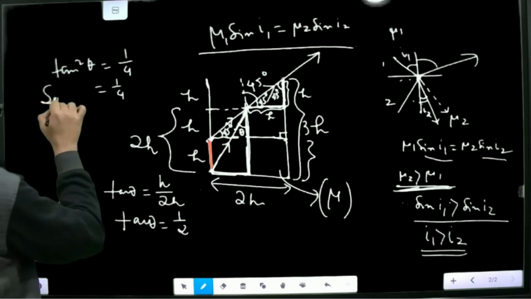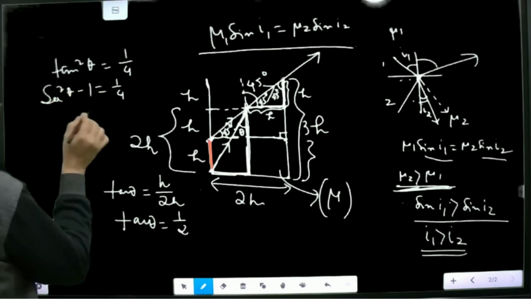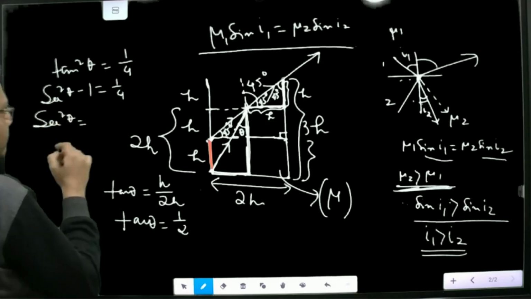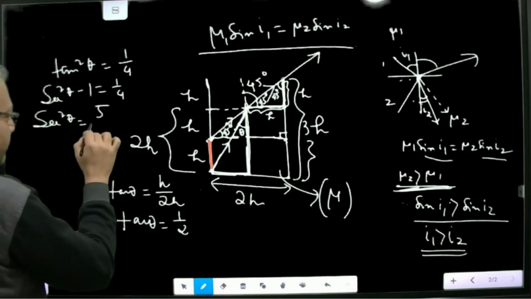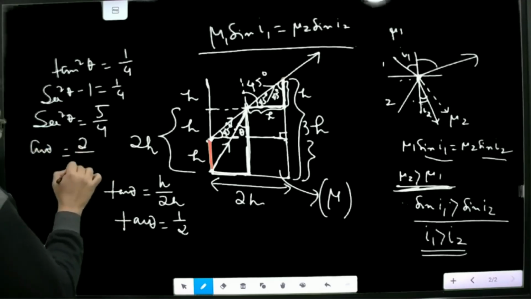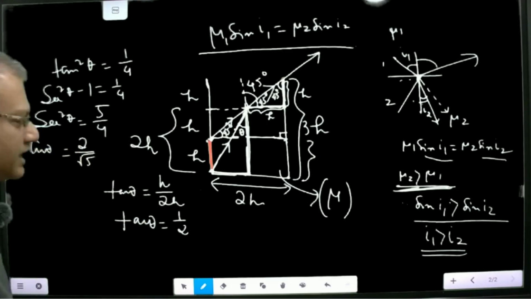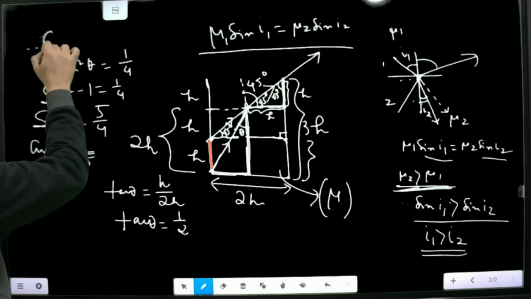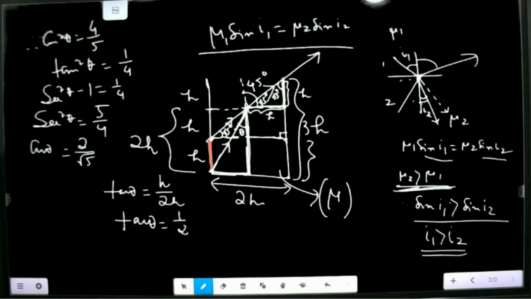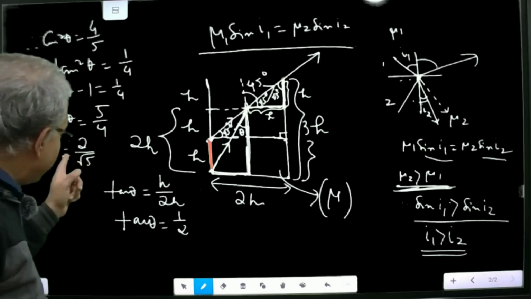So sec square theta is equal to 1 plus 1 by 4, that is 5 by 4. Therefore, cos theta we can conclude is 2 by root 5, isn't it? I mean, cos square theta, I can write 4 divided by 5. So if I take the square root, 2 by root 5, isn't it? So we found that cos theta.